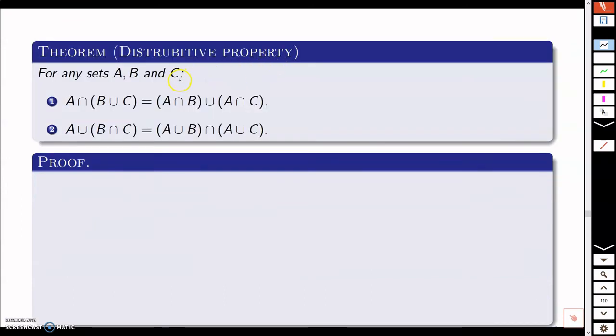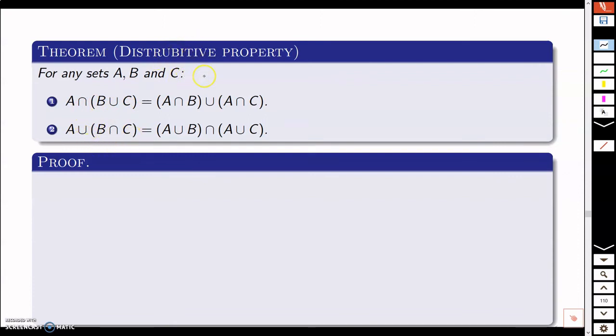distributive property. The way we have distributive property of multiplication of real numbers over addition, in a similar fashion we have distribution of intersection over union and distribution of union over intersection.